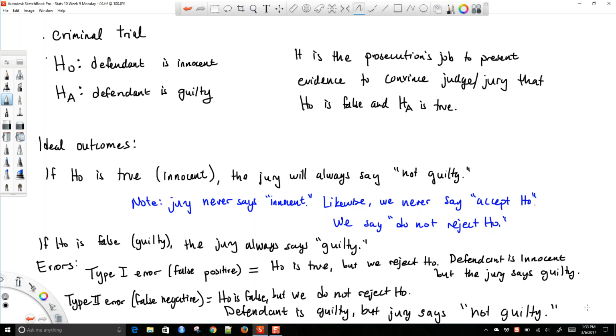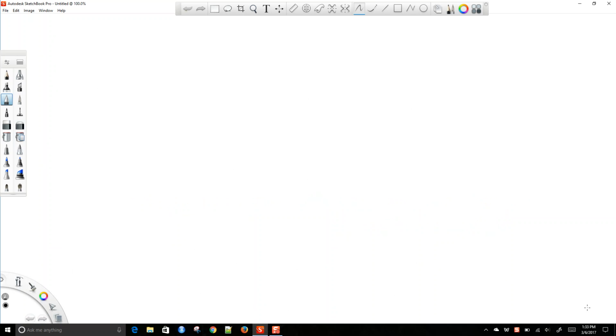And so in this case, if we agree that type 1 error is worse than type 2 error, would we want a large alpha or a small alpha? Small.